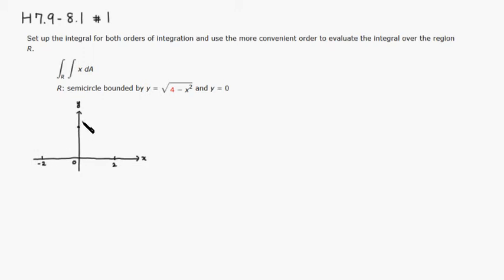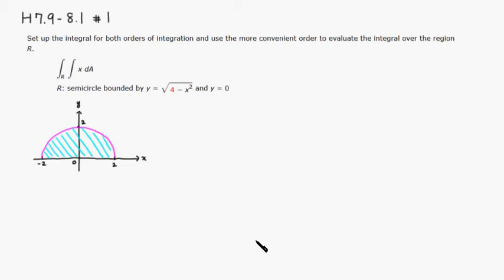The semicircle is going to look somewhat like this. Now we're looking at the region here. y equals 0 is the x-axis, which is the bottom one. So this is the region.